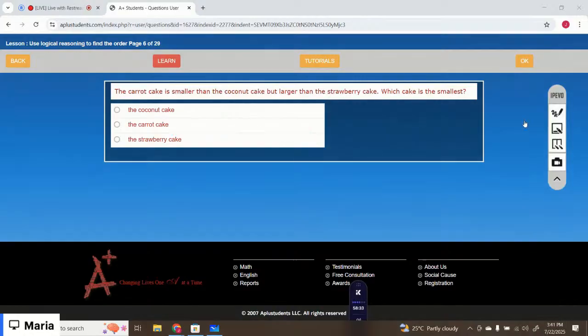The strawberry cake is the smallest. Okay, you can complete the lesson by yourself later today.